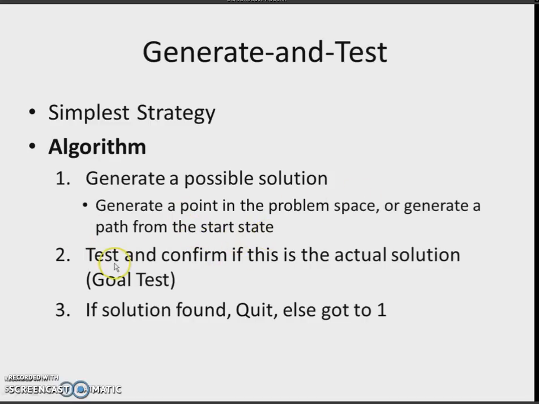Once that is done, you have to apply a goal test to confirm whether this is the best solution. If the solution is found, you quit, else you go back to step 1, where again you generate the next node. This is a general algorithm which can be used for any solution technique.